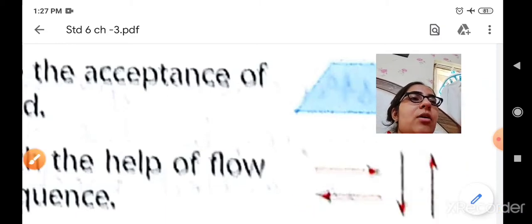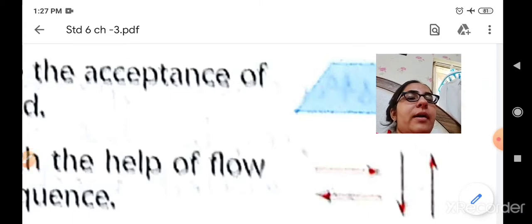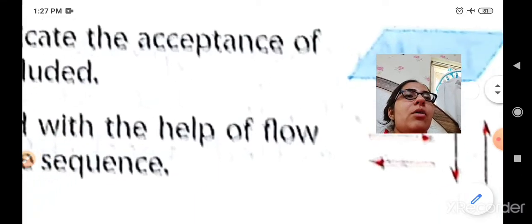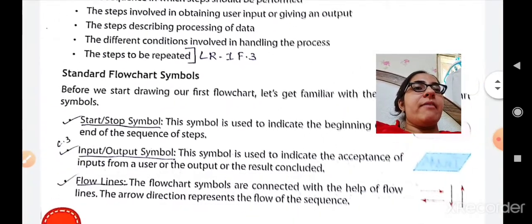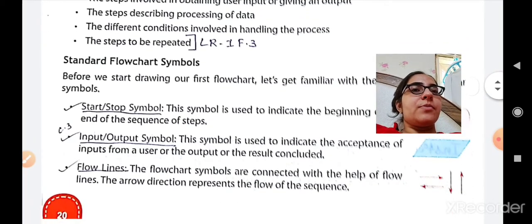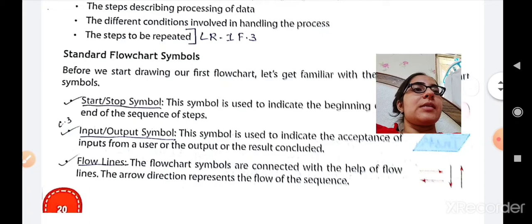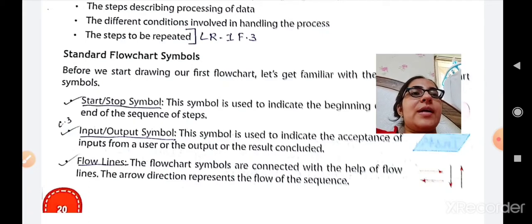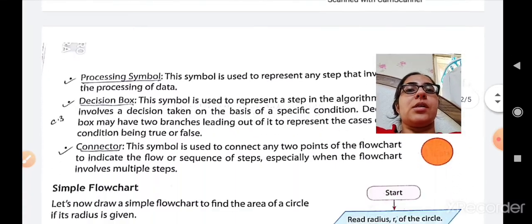So where does your document sequence go? It means it is from the beginning to end or end to beginning, right to left or left to right. All the arrows are connected between every other symbol. It means between the start stop symbol and input output symbol, these arrow lines will be there, which help you to connect the flow.